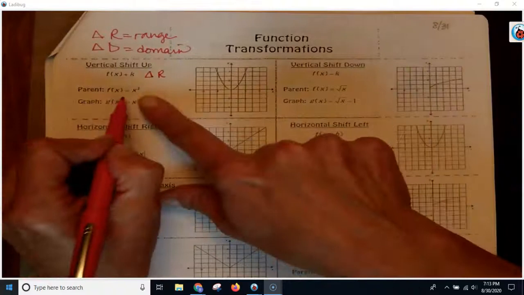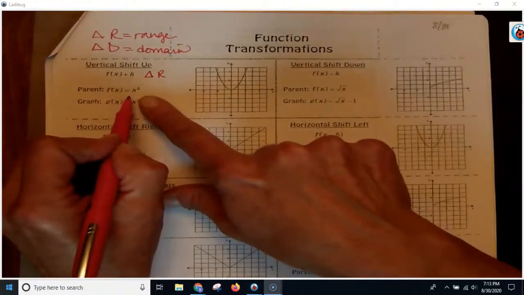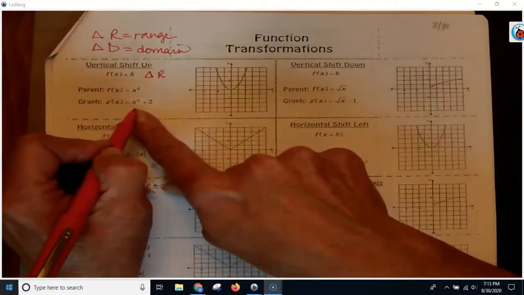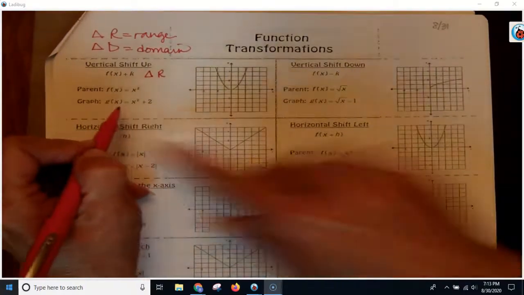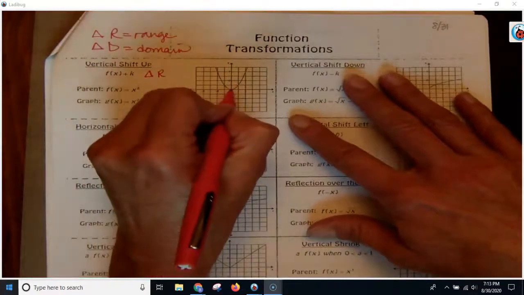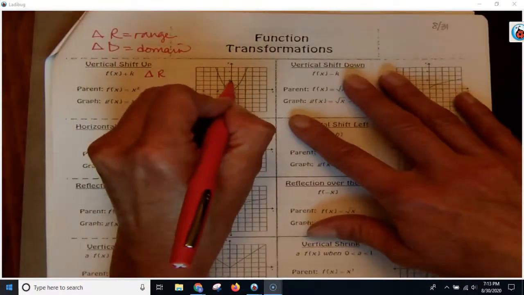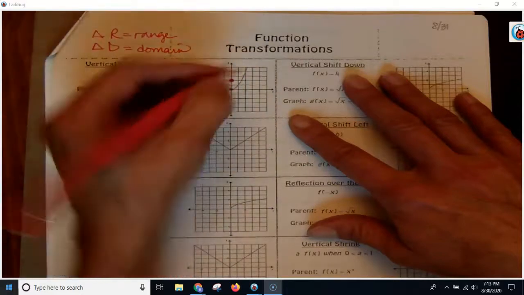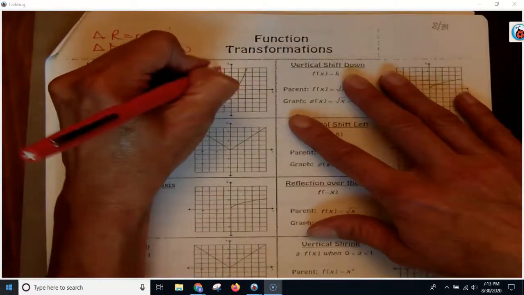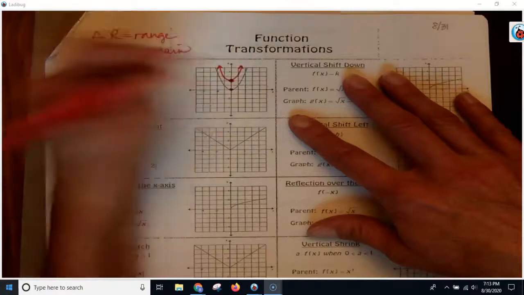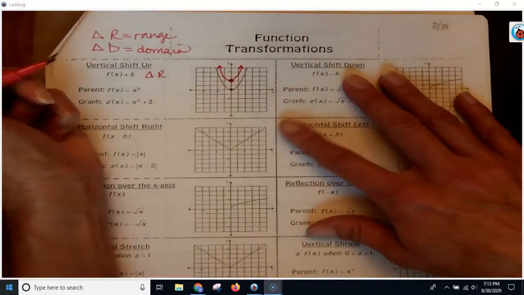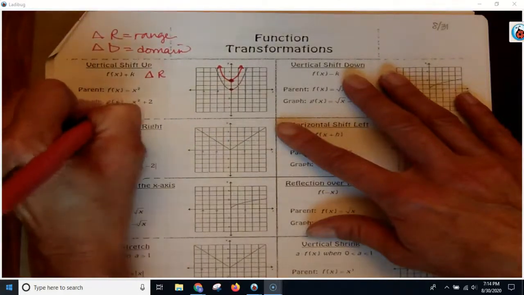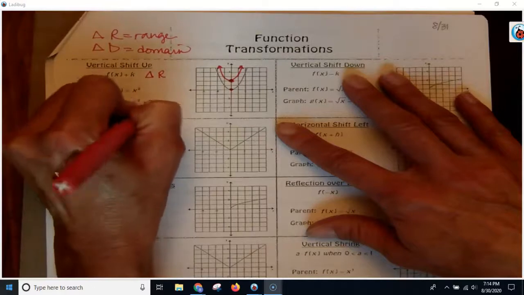So if our original function is the parent quadratic function, and our new one is what they're asking us to graph, then we're going to move up 2. Right here at the vertex, we're going up 2 points and then graphing the exact same shape, just up 2. So the range changes and we add 2 to the y value.